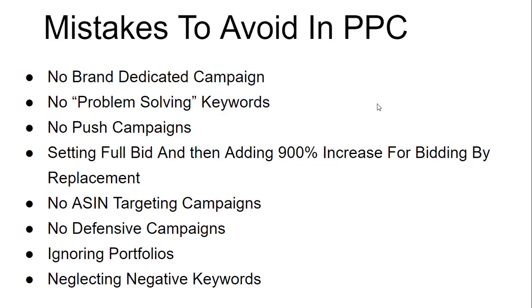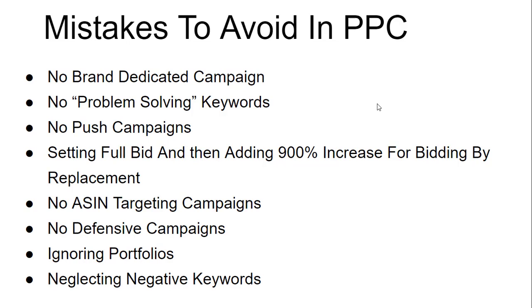The main purpose of a PPC campaign is to get more and more organic sales, so even if we have high cost in the start and we are getting organic ranking, it is not a big issue for us.